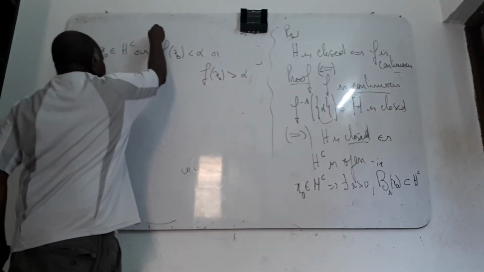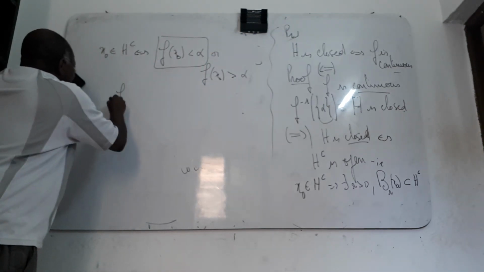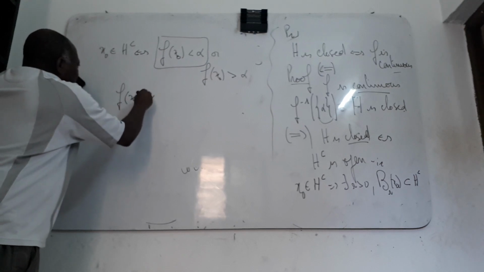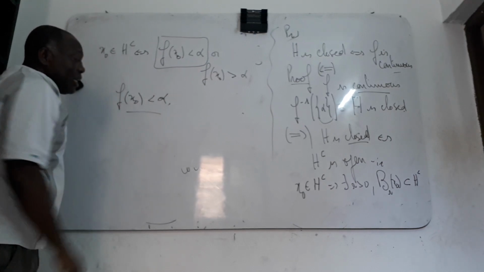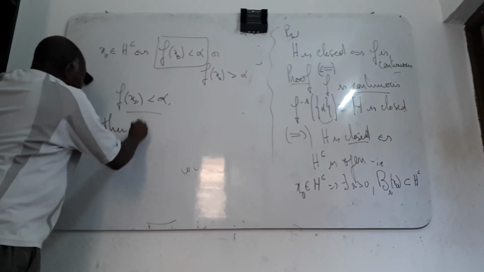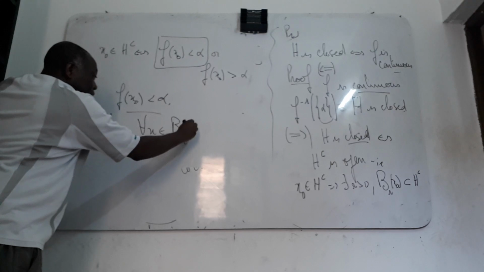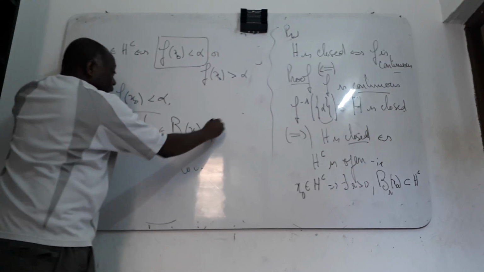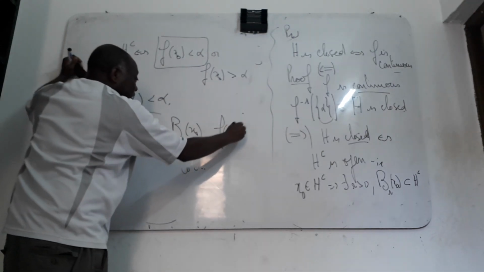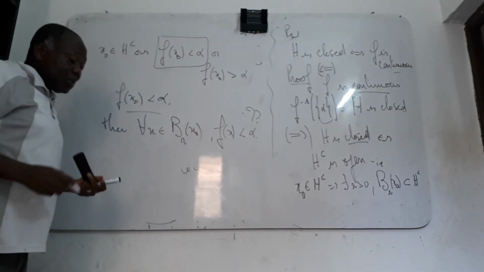Let us consider the first case: we suppose that f of x0 is less than alpha. Then we will prove that for all x in the ball of center x0, f of x is also less than alpha.